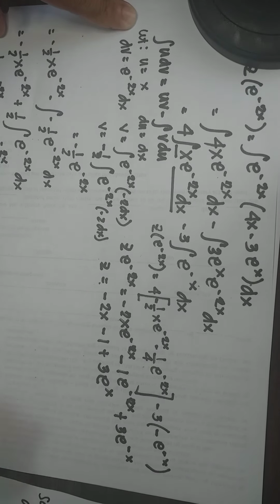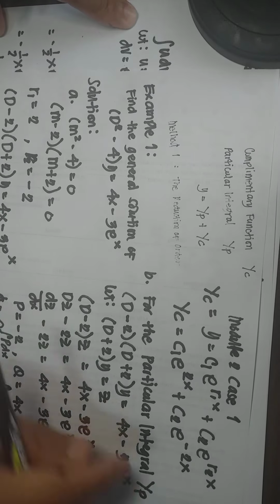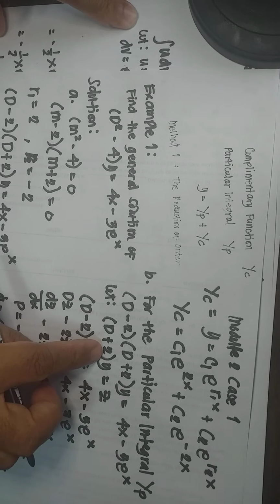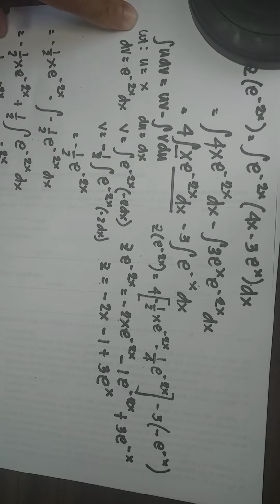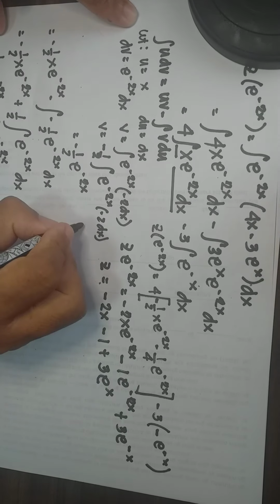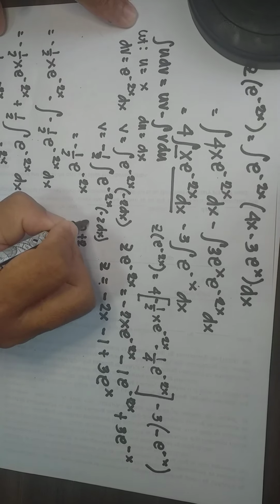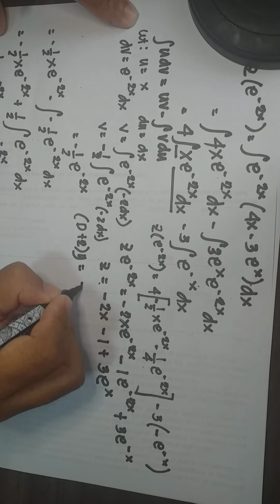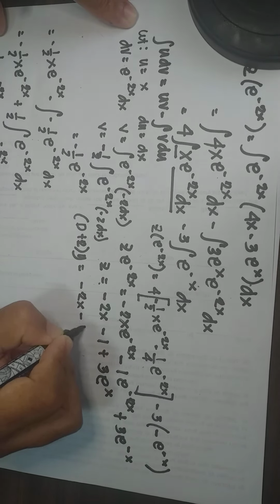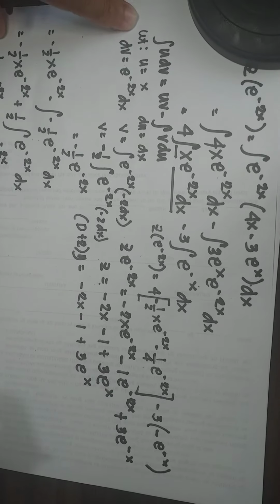But what is z? We have denoted c a while ago with d plus 2 times y is equal to c. So, ibabalik lamang natin yung value ng c. So we have d plus 2 y is equal to negative 2x minus 1 plus 3 e to the x.